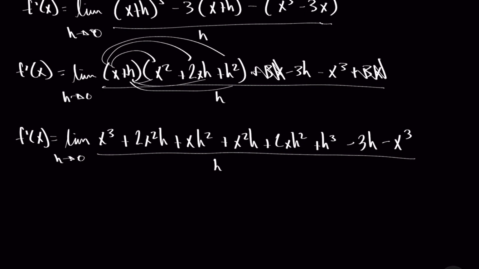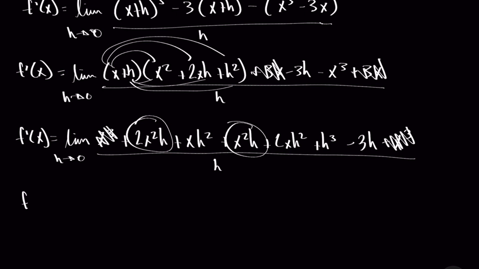And now we combine like terms. So what I'm going to be eliminating, I like to just scribble. So x cubed minus x cubed is 0. Let's see if there's anything else we can eliminate. I think we could combine the x squared terms. So here I have a 2x squared h and an x squared h.